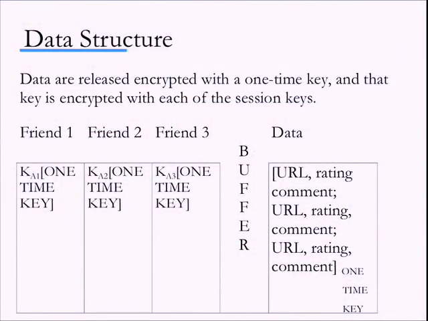So here's all the data with a one-time key, and then there's a buffer. So if I only have one friend, if it turns out that Brandon is my only friend in the world, even if you figured out this was my record, you couldn't figure out how large my social network was. And then for each friend, the key is encrypted in our shared key, which means if I get really mad, I get perfect forward secrecy because I throw his key out.